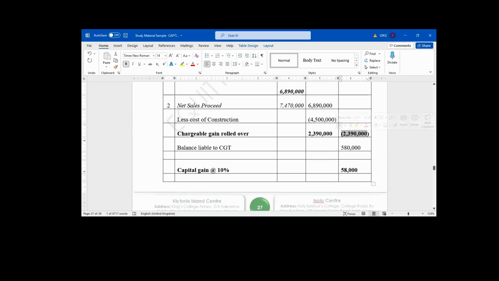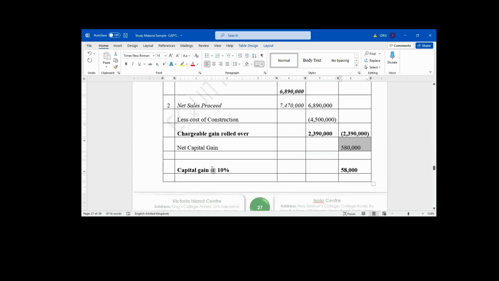If you less 2,390,000 from 2,970,000, what will be your net capital gain? 580. I can call it net capital gain for better understanding, so that it will not confuse us. So this is the net capital gain.